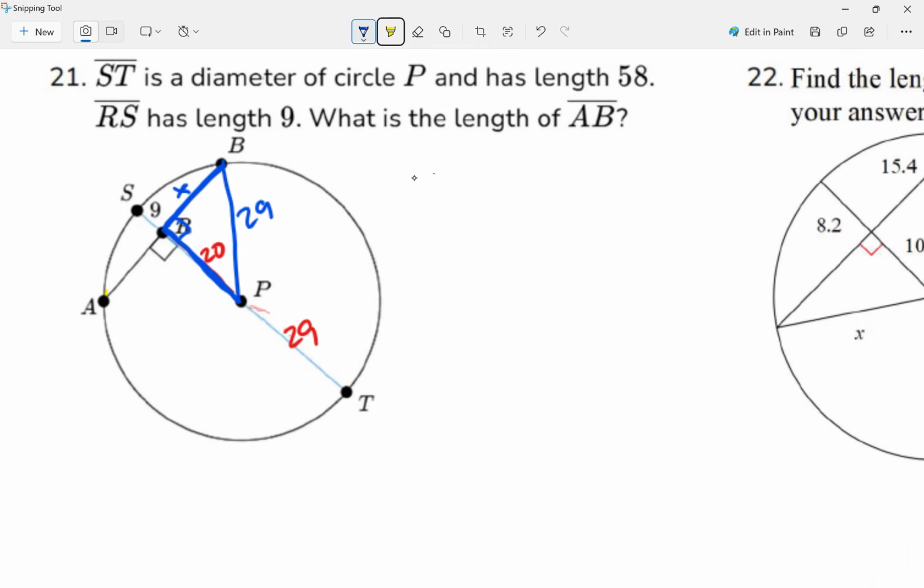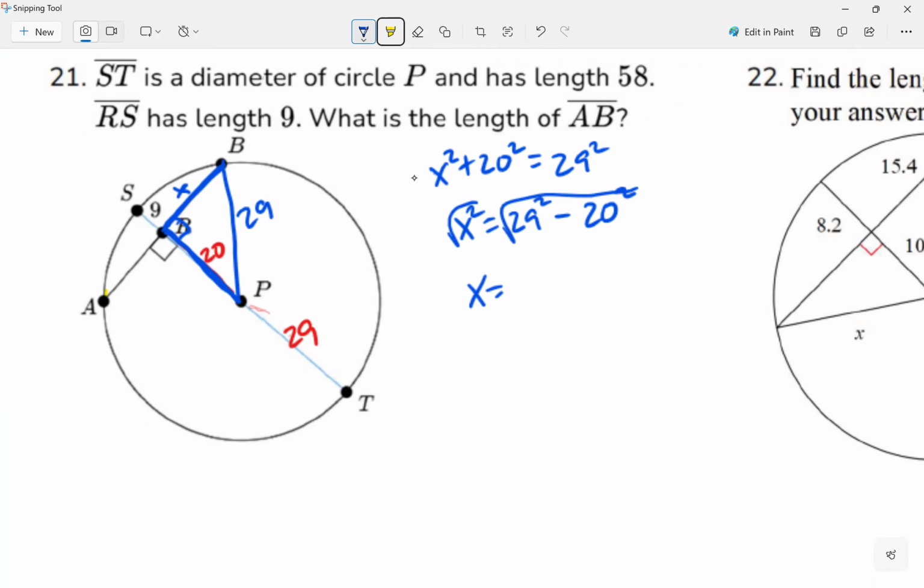I'm going to say x squared plus 20 squared is equal to 29 squared. So x squared is equal to 29 squared minus 20 squared. I'm not really going to figure the squares because my numbers get too big. So I'm just going to say that x, because the way I'm going to undo the squared is by using square roots, is the square root of 29 squared minus 20 squared.